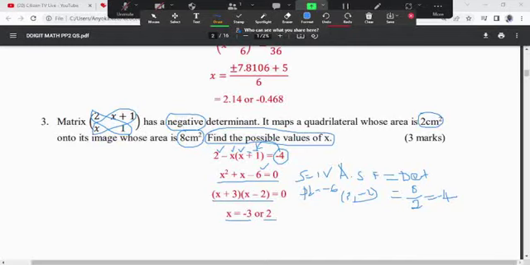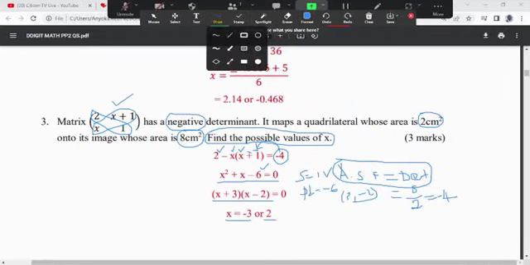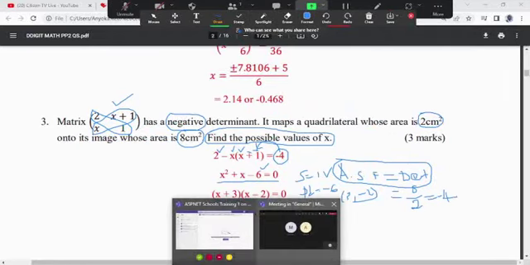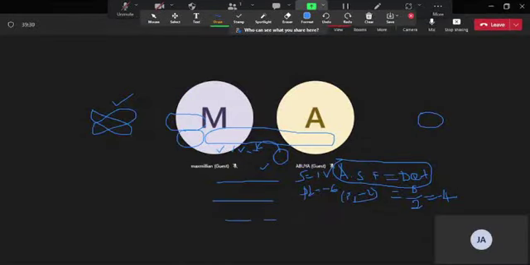So the main aspect here you should grasp: area scale factor is equal to the determinant of the matrix of transformation. Any question? Let's communicate. No?